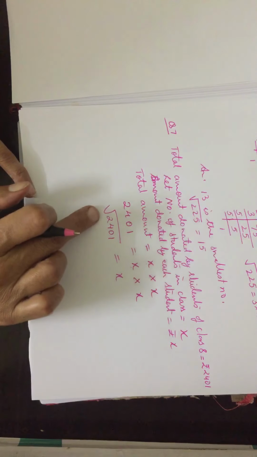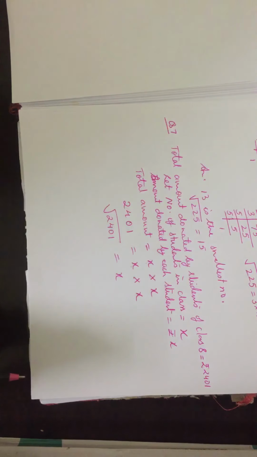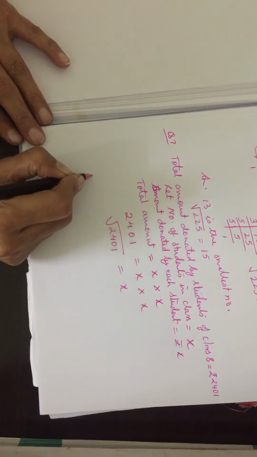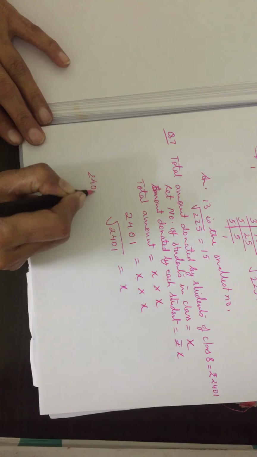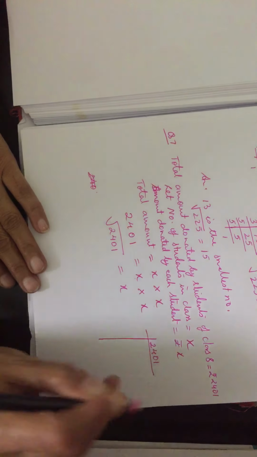So X is the square root of 2401. Now how can you find the square root of 2401? Just by the prime factorization method.